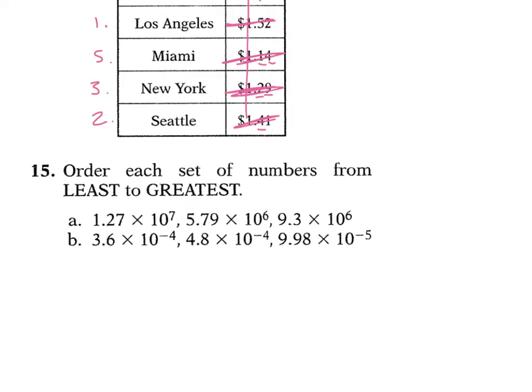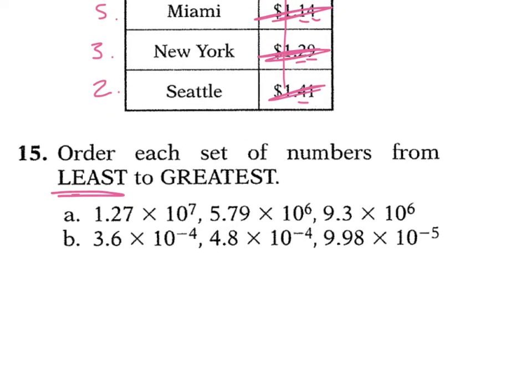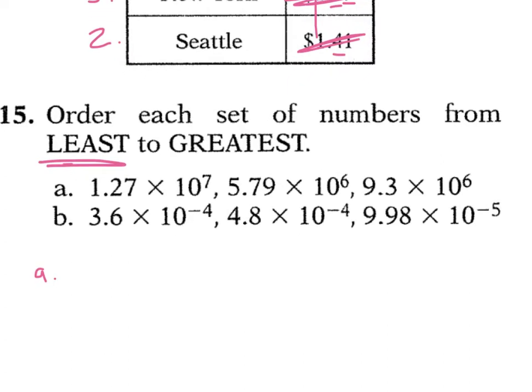Okay, in 15, we're doing the same. We're ordering now from least to greatest. So we start with our smallest one. So we can rewrite all of these as standard form. So we're going to move it 7 places to the right. So we have 1, 2, 7.